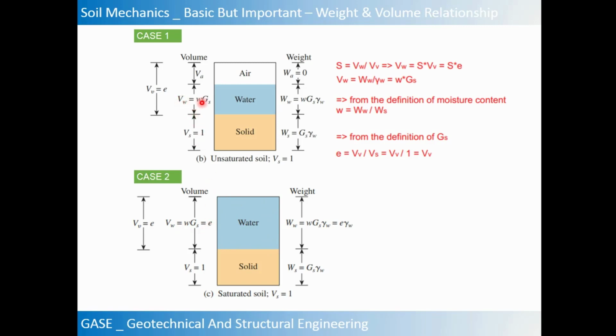And we already have the volume of the water is equal to the moisture content times the specific gravity. So we just take this to this and we have the result here. It's really easy.